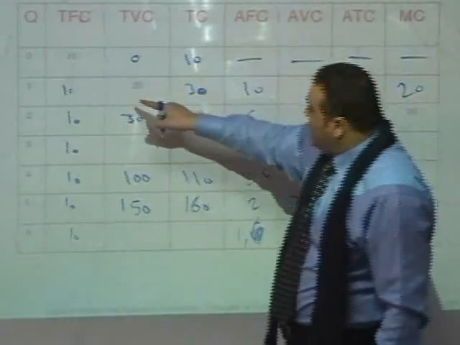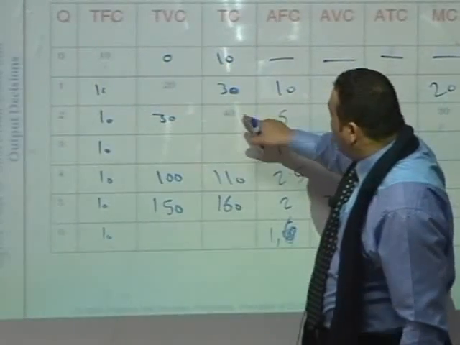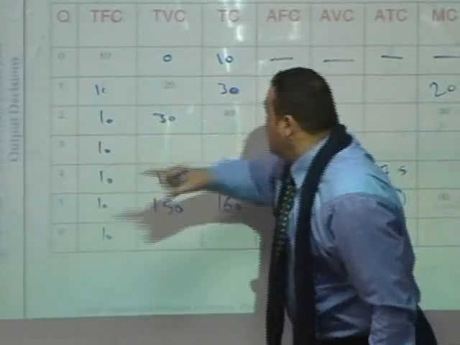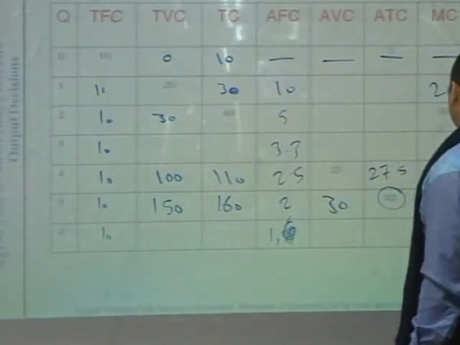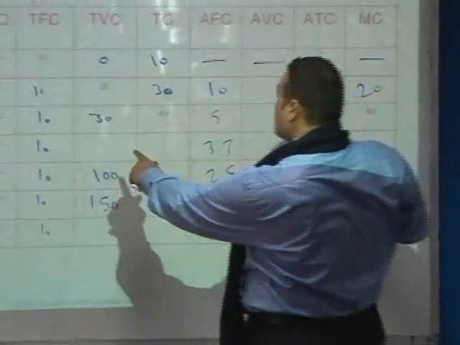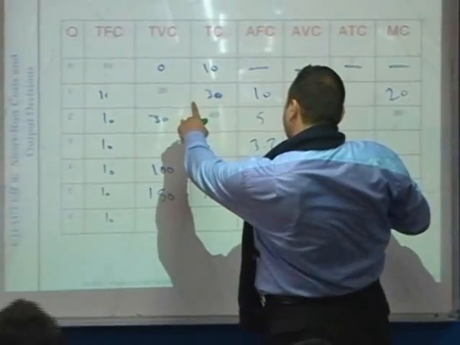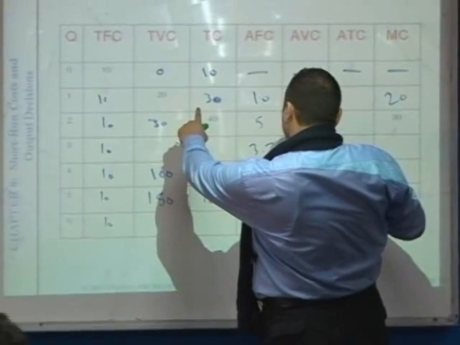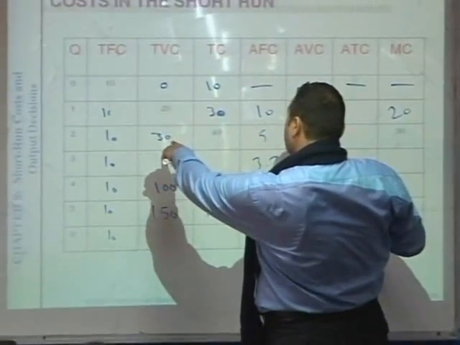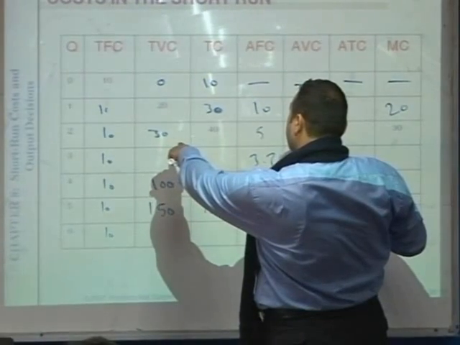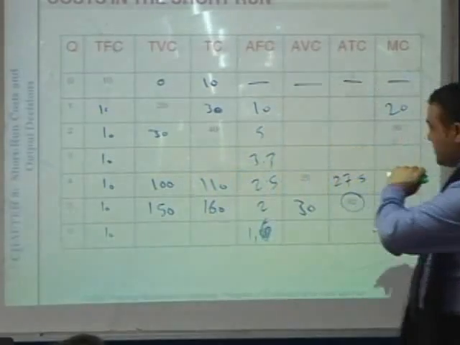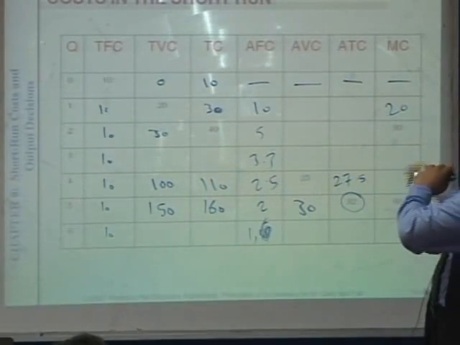Then 40 minus 30 over 2 minus 1, 10. Okay. This is not 30, this is 10.